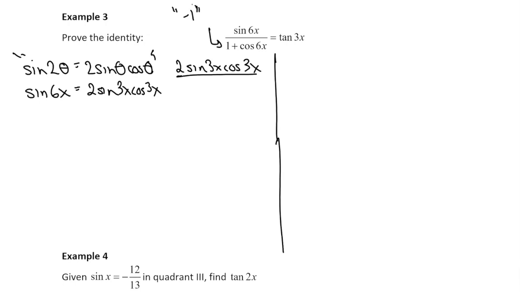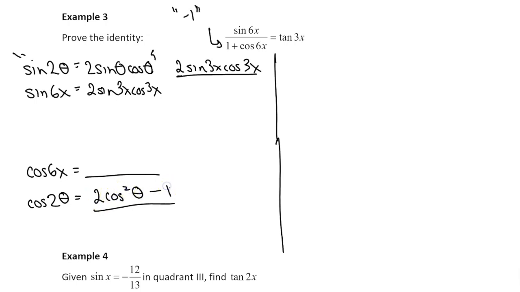Okay, so what does that mean? Well, I'll do this slowly on the right here again. So if we have cosine of 6x, and we want to know what that's going to become, and we're comparing that with our cosine identity, which is going to be in the form of cosine 2 theta equal to 2 cosine squared theta minus 1.